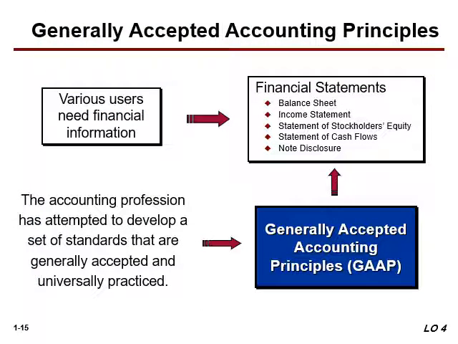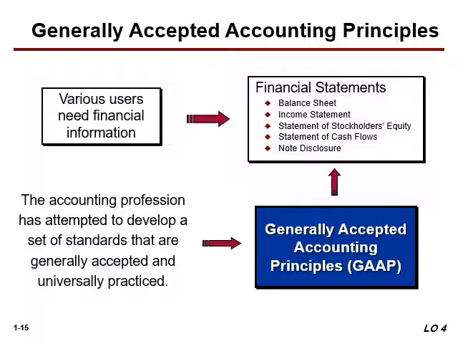Generally accepted accounting principles. These rules are very important to follow when preparing financial statements. The accounting profession has attempted to develop a set of standards that are generally accepted and universally practiced.